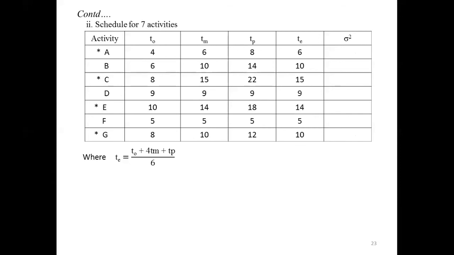And sigma square indicates the variance for each activity. We have a formula for the variance of each activity. If you substitute in this formula, you will get the values for each activity. After calculating the variance for each activity, you need to calculate the variance of the project, this sigma value.